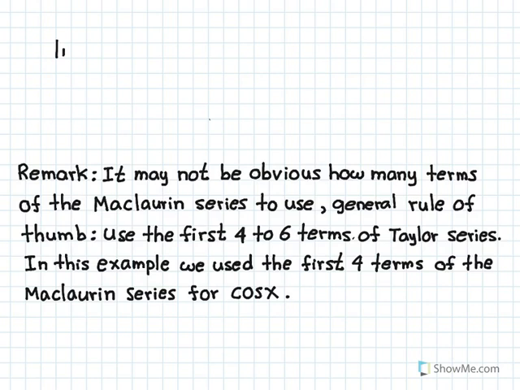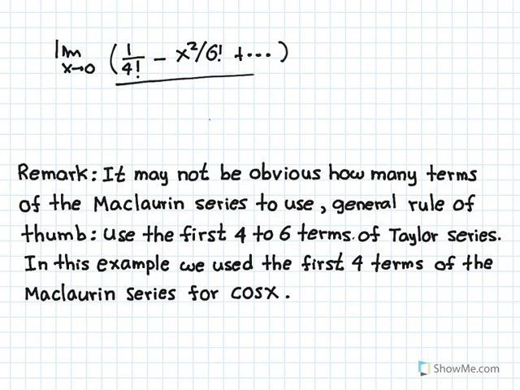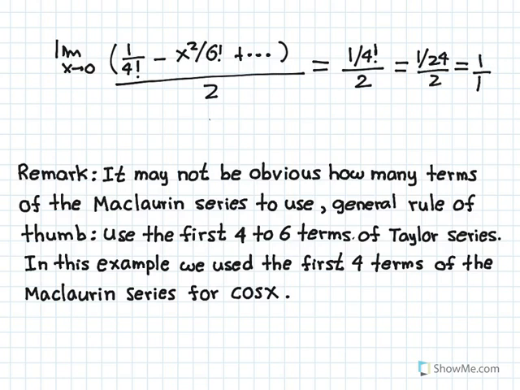We get 1 over 4 factorial, divided by 2. Now 4 factorial is 4 times 3 times 2 times 1. That gives us 24. So we get 1 over 24 in the numerator, divided by 2. The answer is 1 over 48.